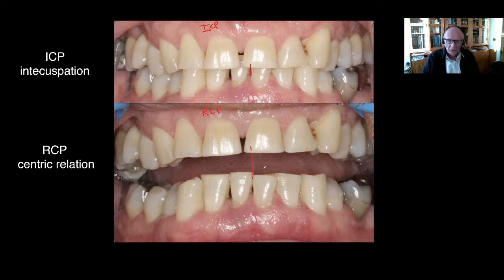Very good question. I come back soon on these questions. Okay, no transversal shift, not really, but there is an important vertical difference between ICP and RCP.